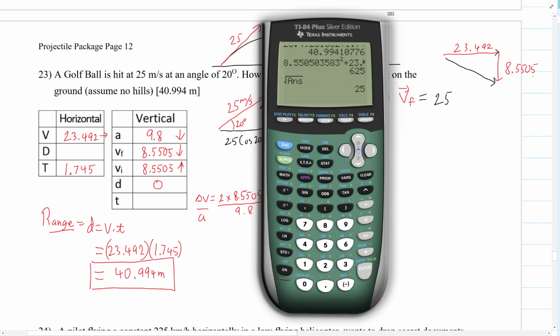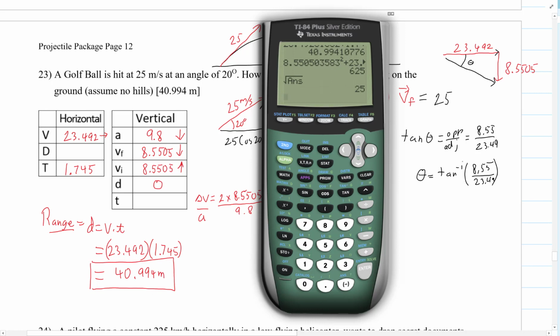Okay, what's the angle? Let's take that number divided by that number and inverse tan, because the tan of theta is the opposite over the adjacent. Opposite is the 8.55 number, the other number is the 23.492 number. You divide that, and that's going to be the tan. So to get the angle, theta is going to be the inverse tan of 8.55 all divided by 23.49.